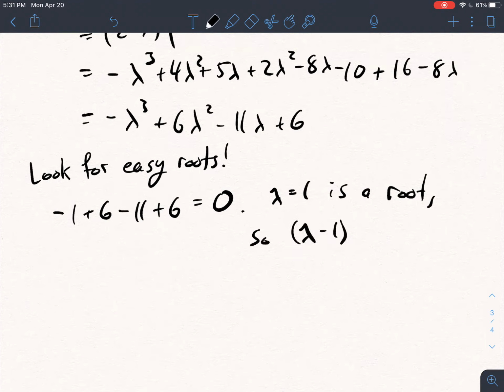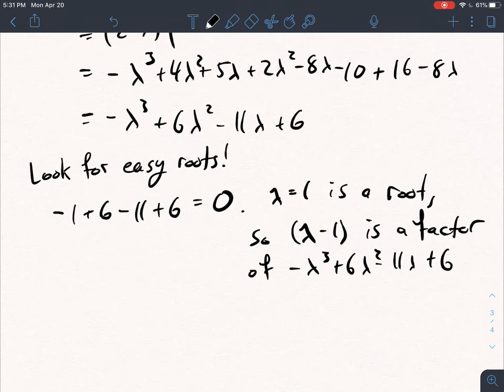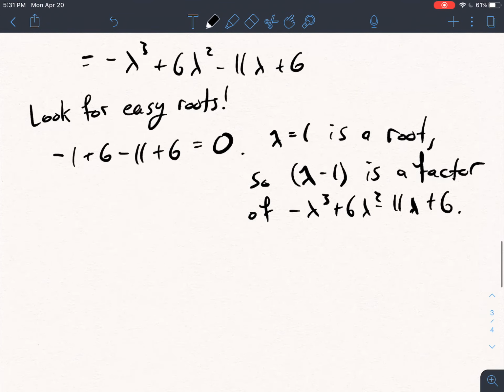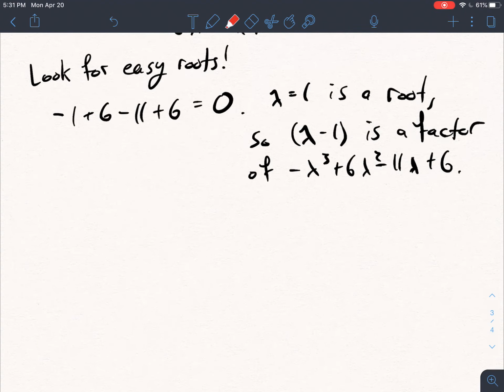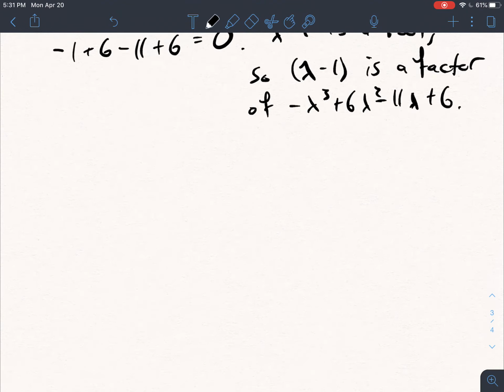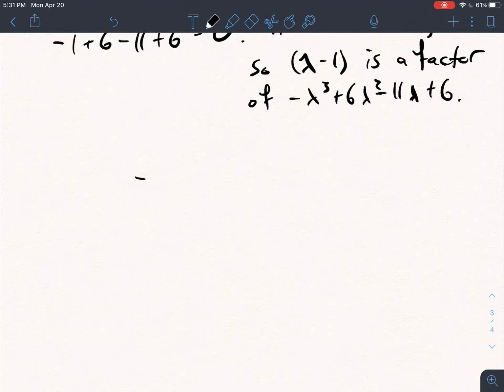So positive 1 is a root, which tells us that lambda minus 1 is a factor of negative lambda cubed plus 6 lambda squared minus 11 lambda plus 6. And so I can just do long division of polynomials and figure out how this would factor.